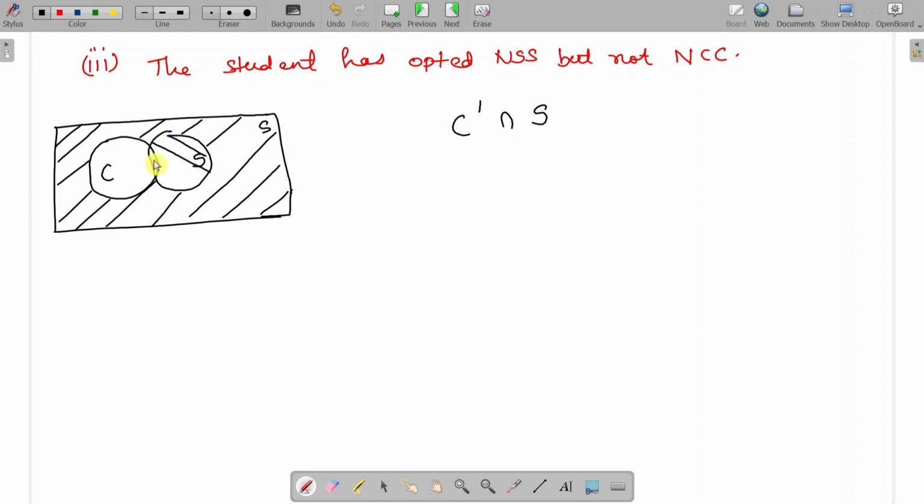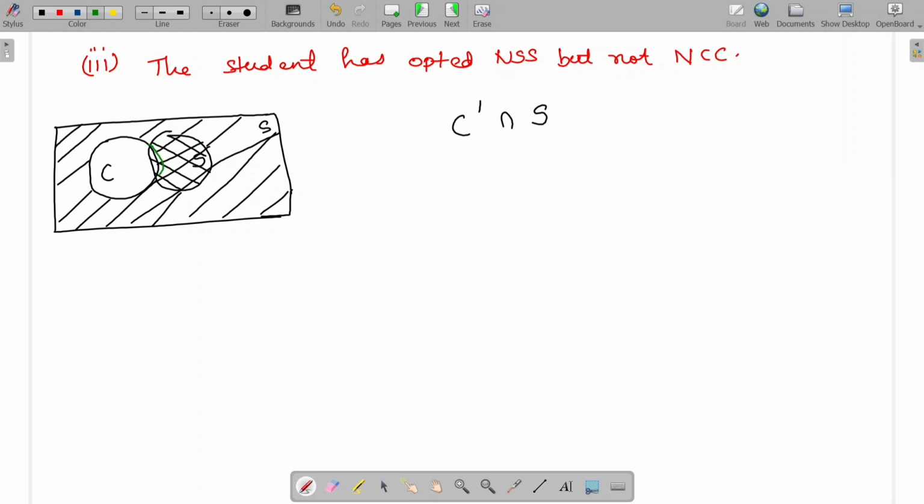So this is S, right? So what is the intersection of this outside area? So outside also contains this. So C complement intersection S. You can see the intersection is the region which contains both the lines here.